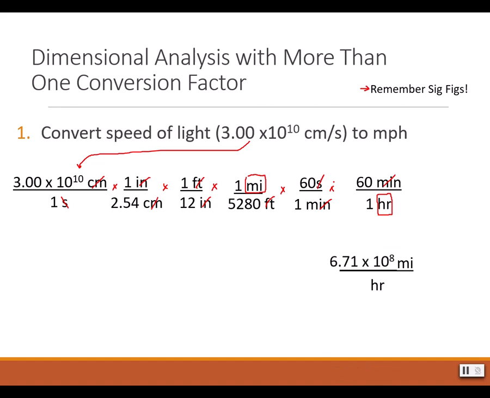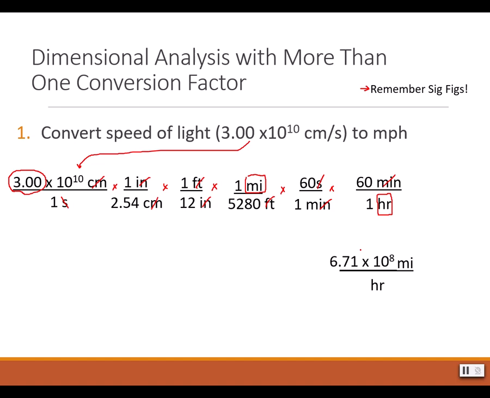And our answer is going to be to 3 sig figs, because we have 3 sig figs in our given. And remember our conversion factors, those all have an infinite number of sig figs. So to 3 sig figs, the answer that you should get is 6.71 times 10 to the 8th.